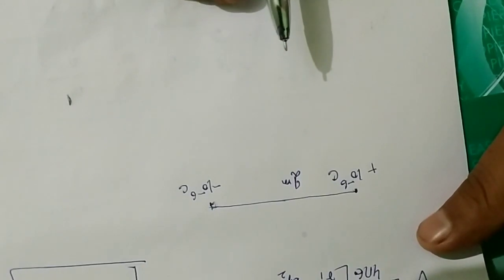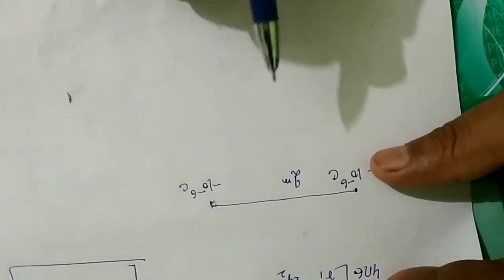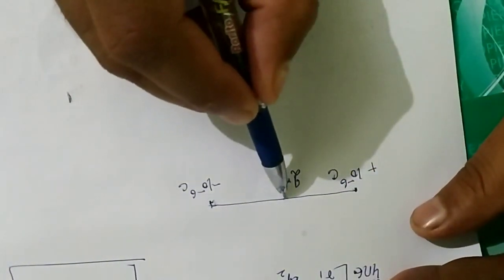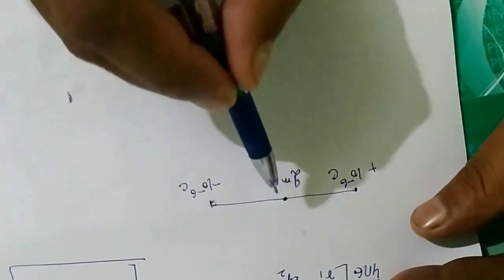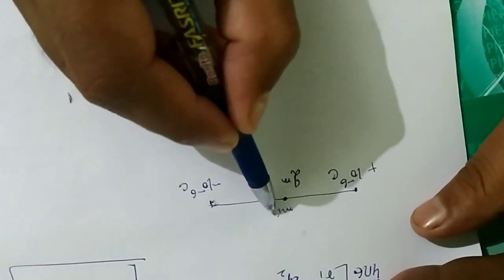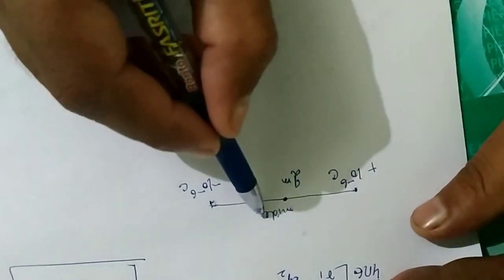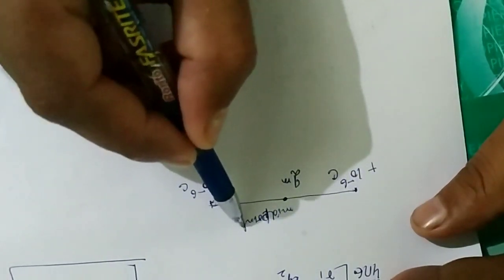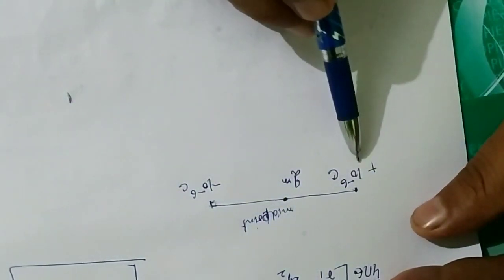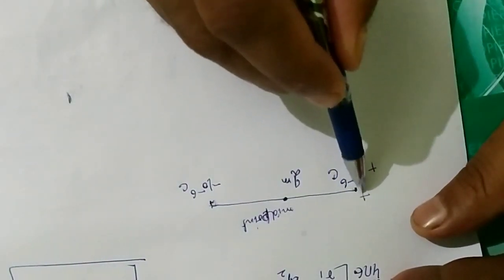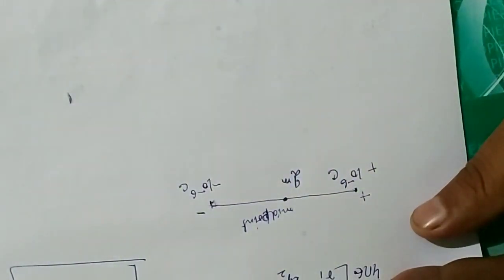Now I want to find the electric potential at the midpoint of the line joining these two charges. This is your positive charge, this is your negative charge.